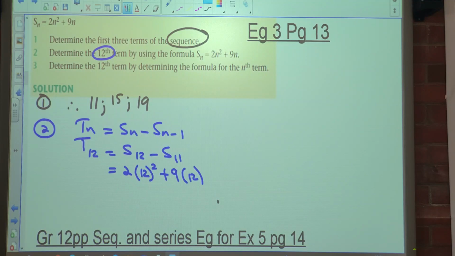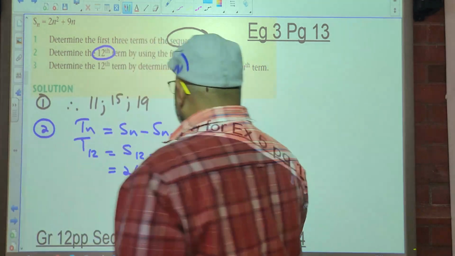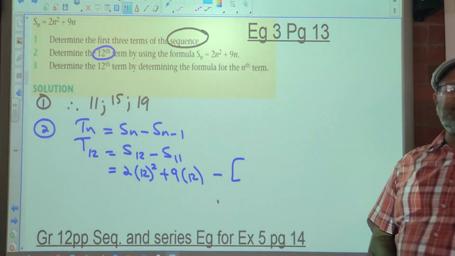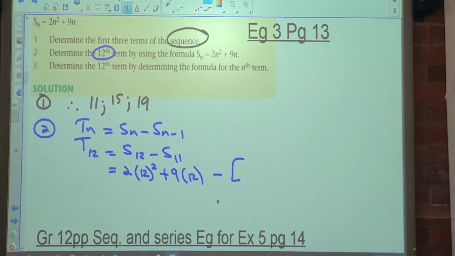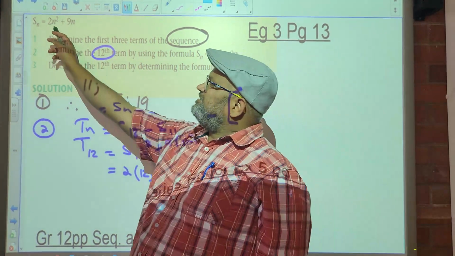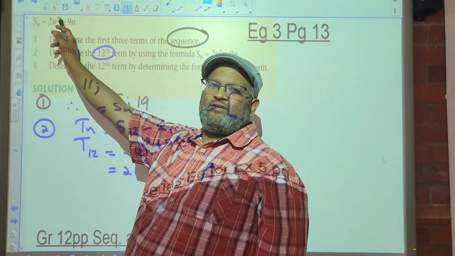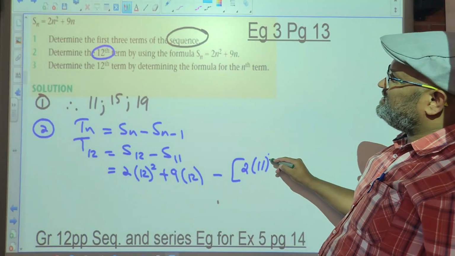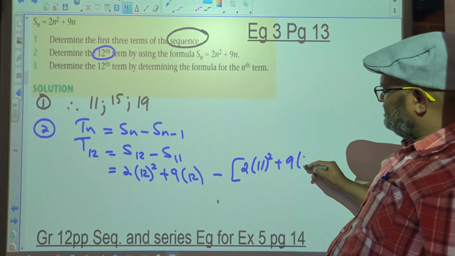Okay? Minus, so I'll put a bracket here, because there's going to be more than one term following a negative sign. Okay? So what would that be? Wherever I see an n, I put an 11. So it's 2 times 11 squared plus 9 times 11.